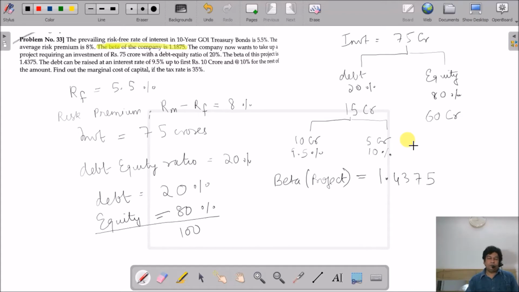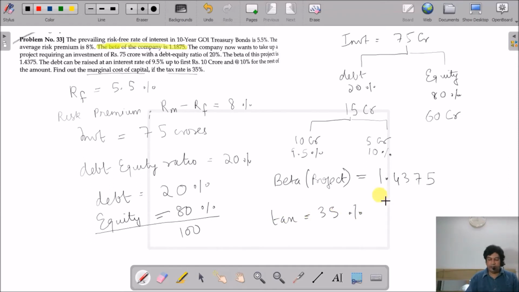So one portion of the debt, which is equal to 10 crore, I have got at a lower rate of interest, and the remaining portion of debt I have got at a higher rate of interest. We have to find the marginal cost of capital and our tax rate is 35%.